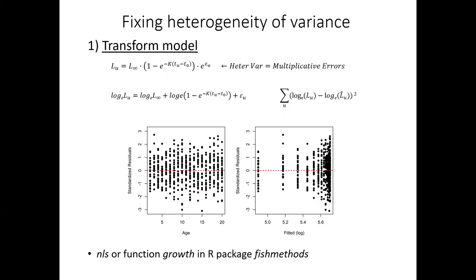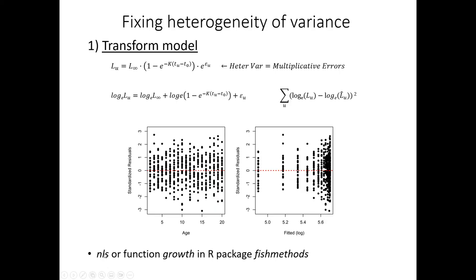And the way you would do that is you need to transform your observations onto the log scale, which adjusts the equation that you're fitting so that the errors do become additive, but you're actually minimizing the sum of squares of the logs of the predicted versus the observed values. And you can see here down below, when you do that in this example, it does correct it. There's still a little bit of stuff, but nothing's perfect.